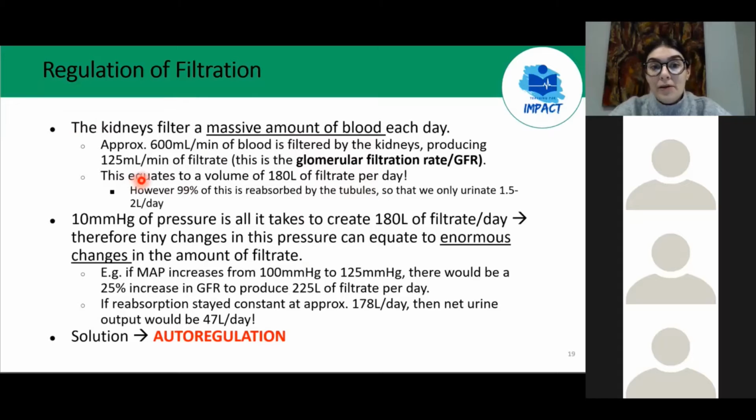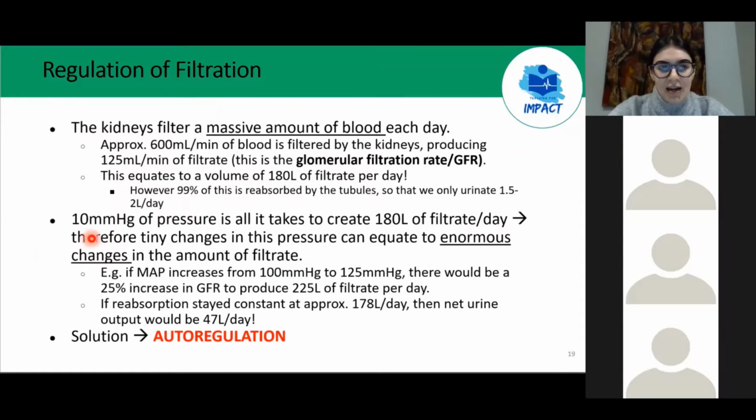And this is what we call the glomerular filtration rate. It's producing about 125 mil of filtrate per minute. That equals about 180 litres of filtrate per day. That's a lot of filtrate. And if it wasn't for your tubules, you'd be peeing out 180 litres of fluid a day. But luckily, your tubules do a pretty good job at reabsorbing 99% of that.